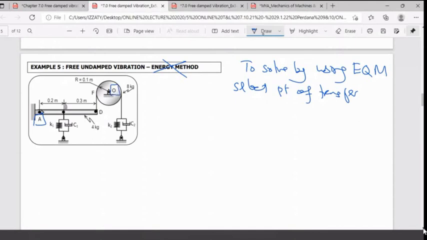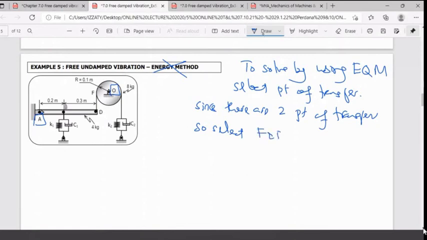Basically, since there are two points of transfer, select F and D as the point of transfer.